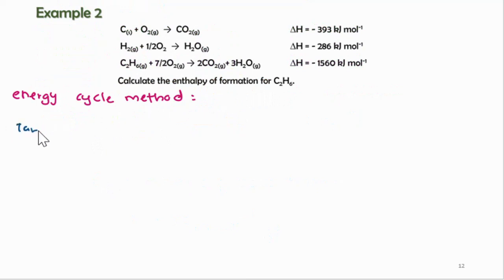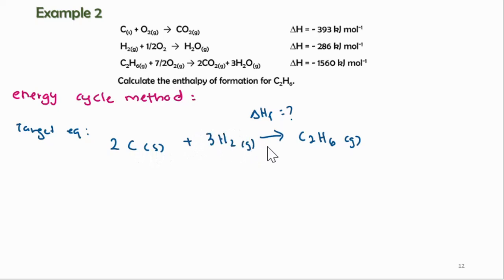We will look at energy cycle method. Untuk energy cycle method, target equation kamu tulis di bahagian atas. And then it is enthalpy of formation, so it is equation untuk C2H6, formation of C2H6.